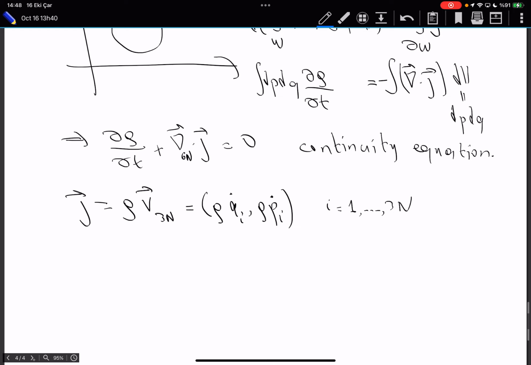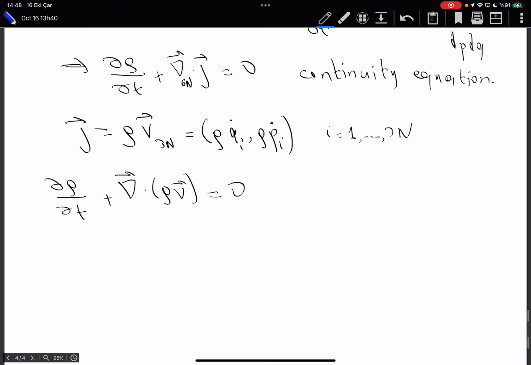Now, if I go back to my continuity equation, d rho by dt plus the divergence of rho v should be 0. This will be d rho by dt plus, well, the divergence is nothing but taking one component of your vector.